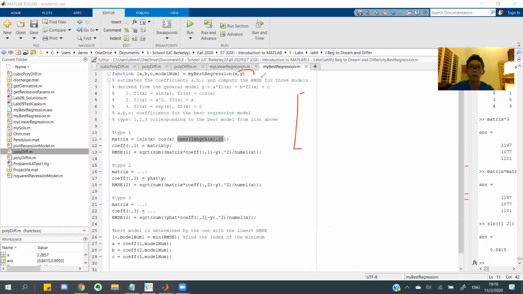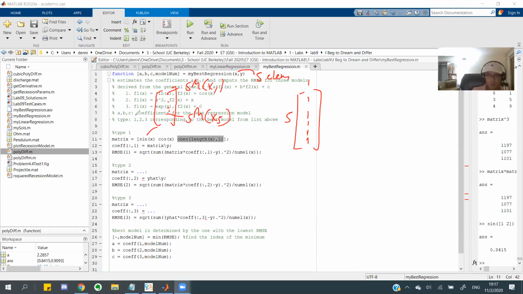Let's say this is a 5 element, so this is 5 by 1, 1, 1, 1, 1, 1. It should be the same size as the rest of these, like sine of x1 dot dot dot sine of x5. It has to be the same size for all of those to match up.